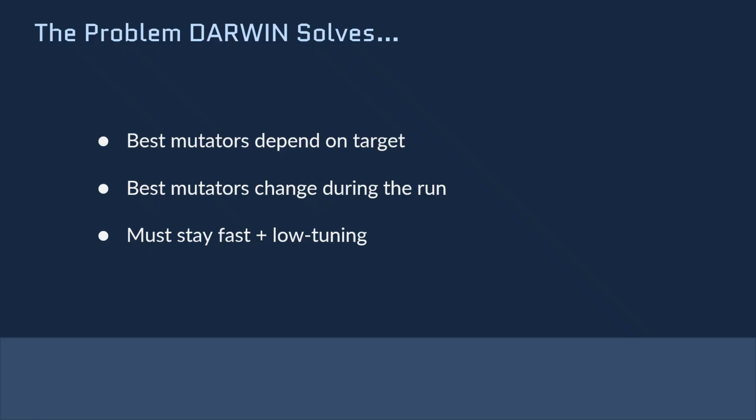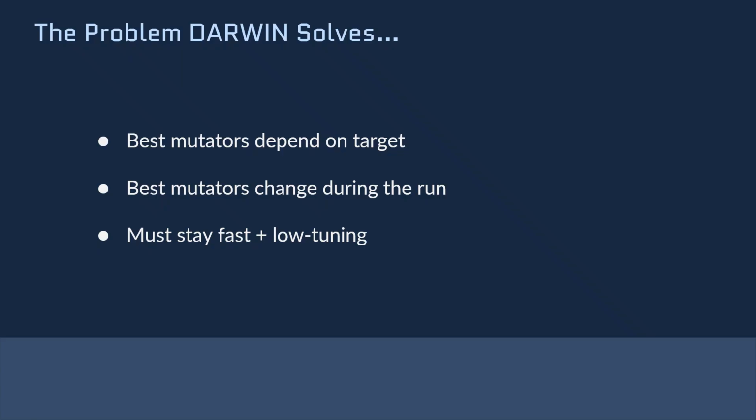Second, the best mutators change during the run. For example, early on in the fuzzing process, you might want a more broad exploration that explores a lot of the code on a basic level, but later on, you might need a more specialized mutation in order to get down into those deeper, more complicated levels and explore more of the code.